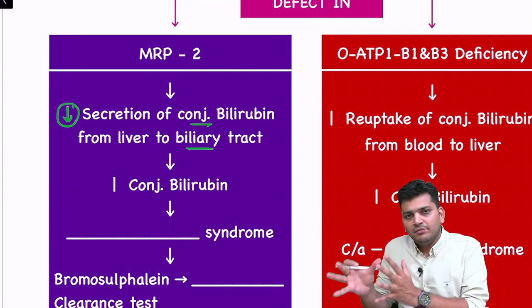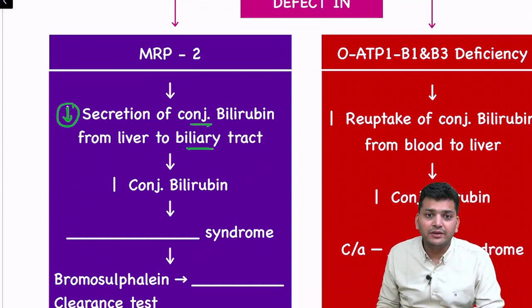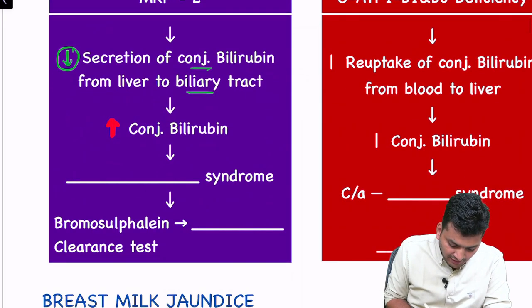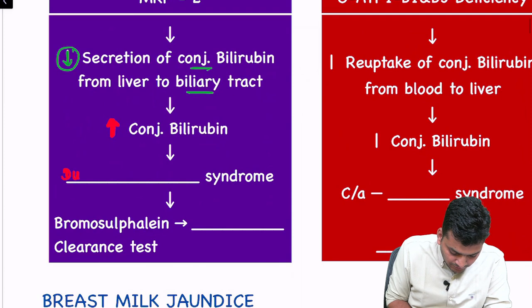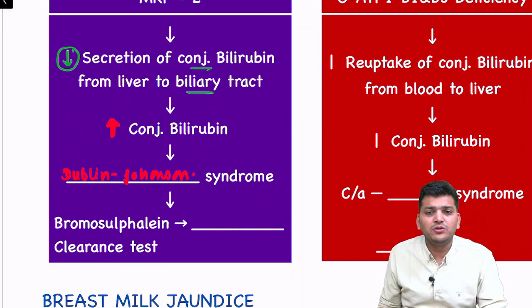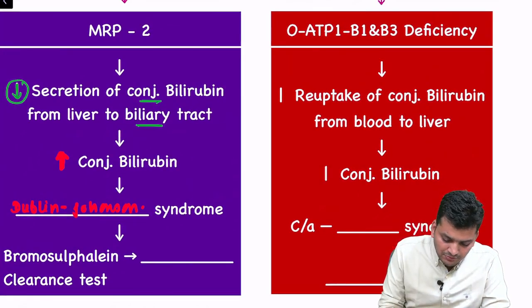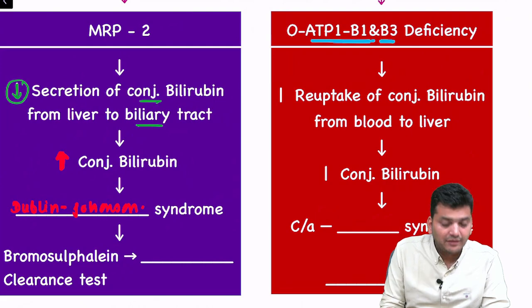From the liver, the bilirubin will not be able to come into the biliary tract, and that will lead to an increase in the conjugated bilirubin. This is referred to as Dubin-Johnson syndrome.